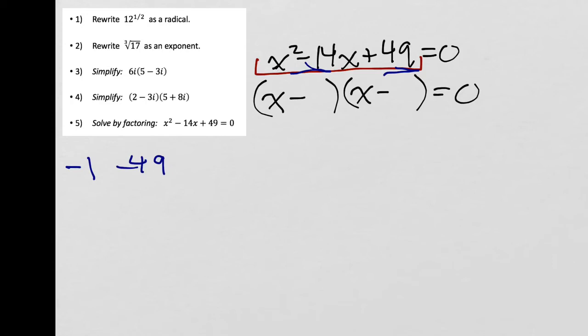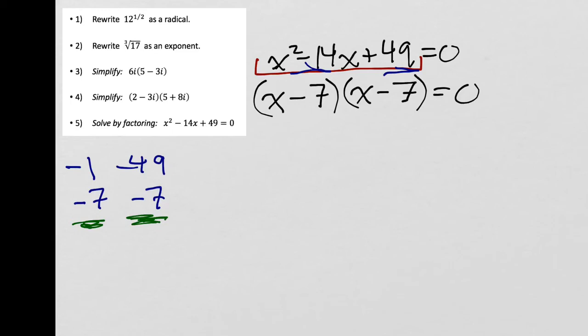Oh, wait a minute. 49 is 7 squared, right? Which means that I could square negative 7 to get 49 as well, right? Negative 7 times negative 7 is equal to 49, and negative 7 plus negative 7 equals negative 14. So it's going to be x minus 7 times x minus 7 equals 0.